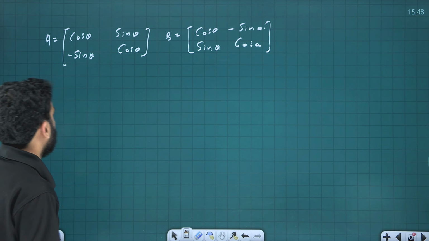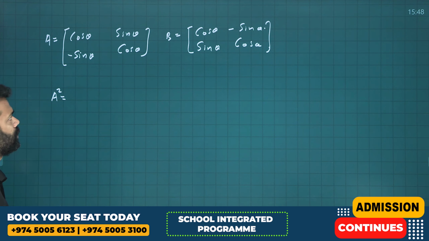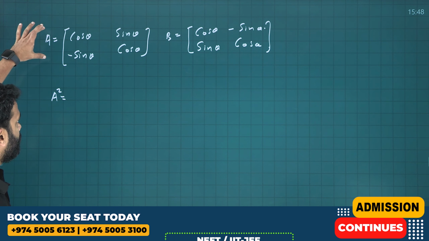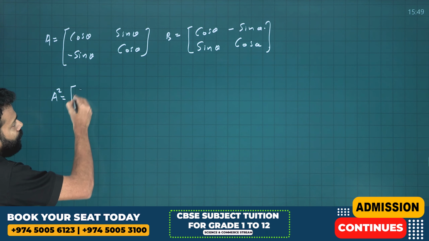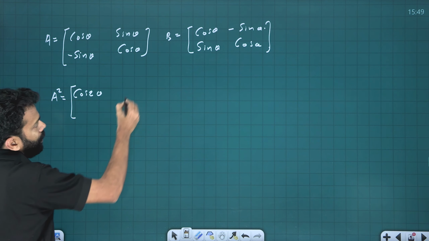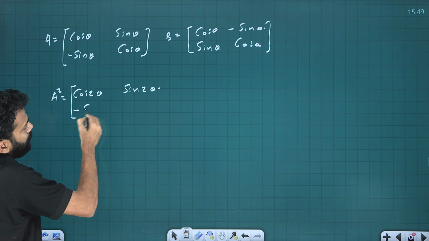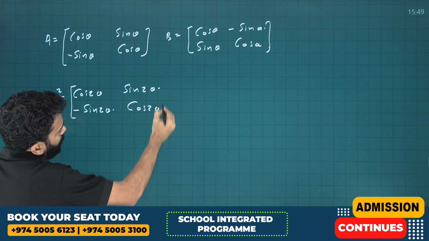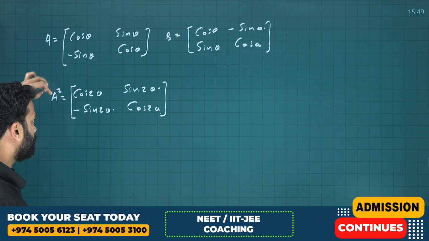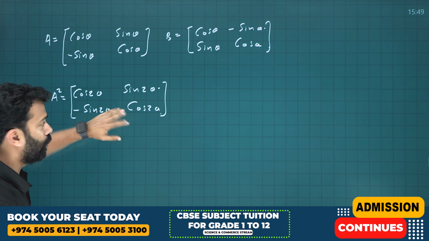So what will be A square? As I stated before, if you multiply this matrix with itself, you will get A square, which is [cos 2 theta, sin 2 theta; minus sin 2 theta, cos 2 theta]. Whatever the power is, it will be the coefficient of theta for all the elements.